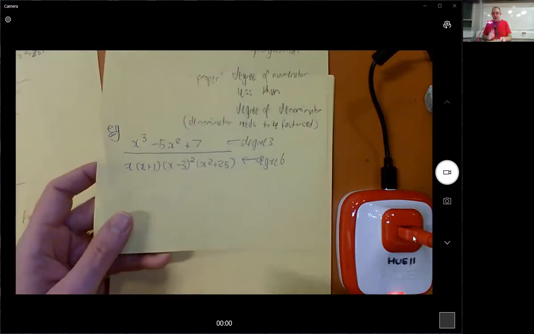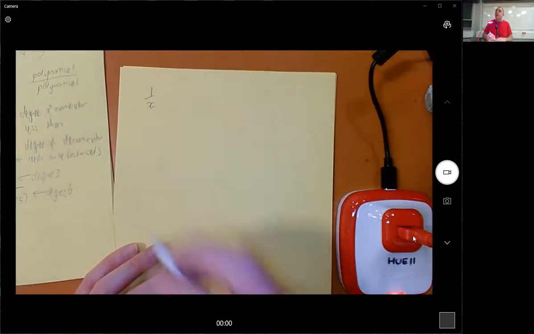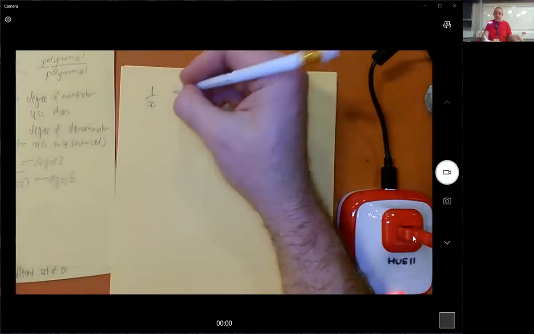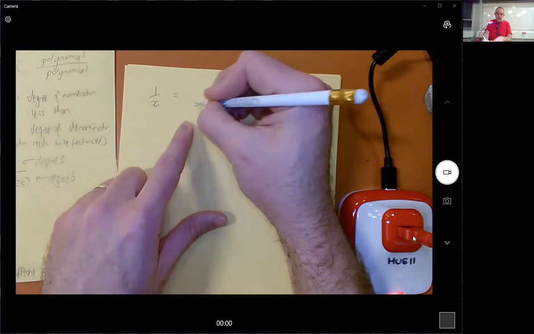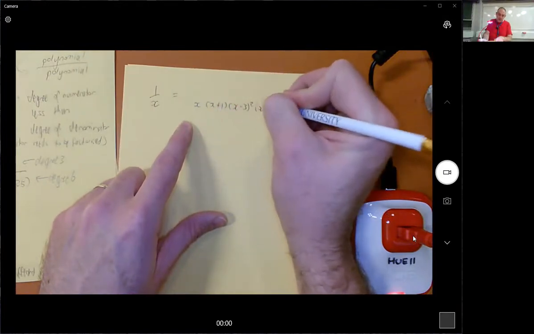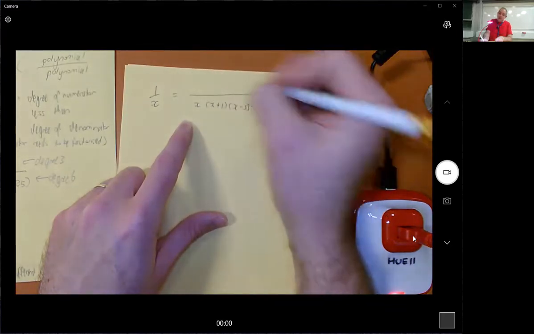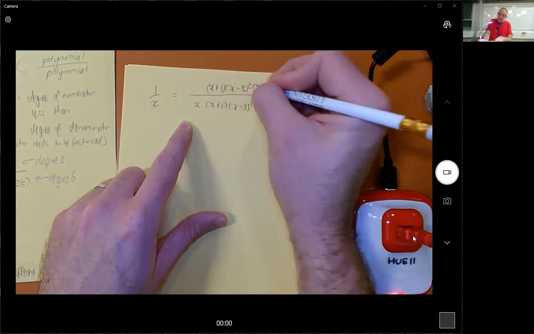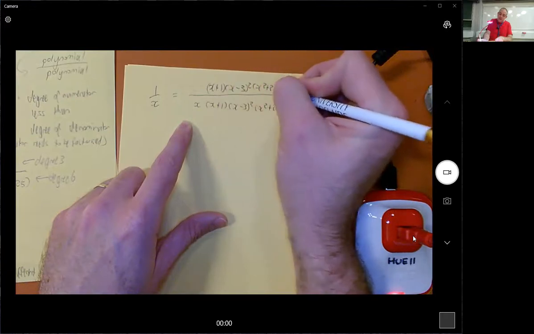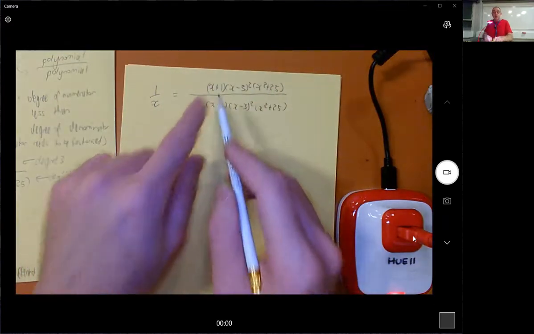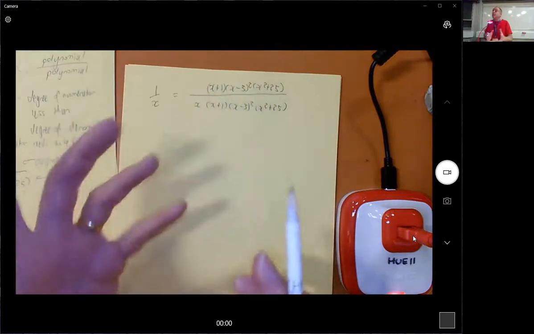So here we go. I know that the function 1 over x is one of these. Because if I multiply the denominator by x plus 1, x minus 3 squared, x squared plus 25, and multiply the numerator by x plus 1, x minus 3 squared, x squared plus 25, then this is a proper rational function because the numerator's only got 1, 2, 3, 4, 5 on the top.